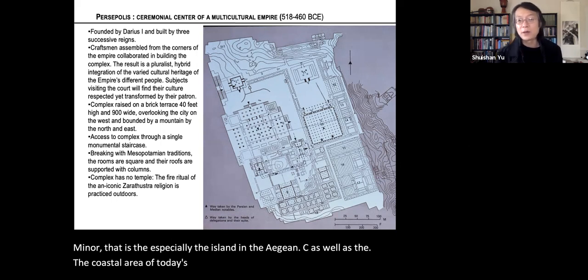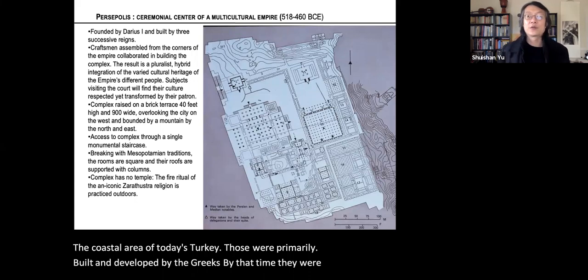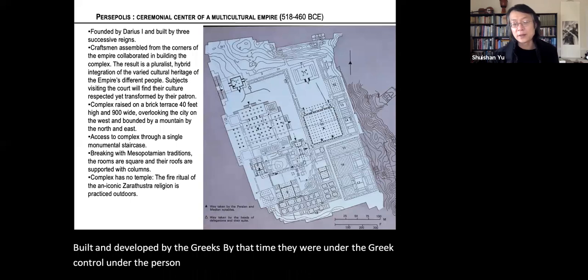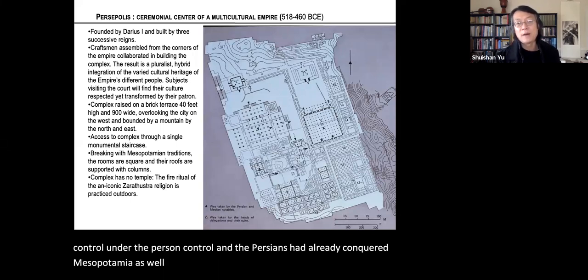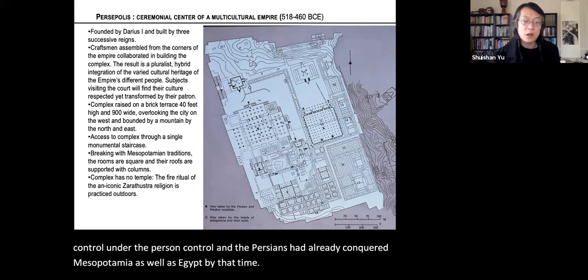Those were primarily built and developed by the Greeks, but by that time they were under Persian control. And the Persians had already conquered Mesopotamia as well as Egypt by that time.